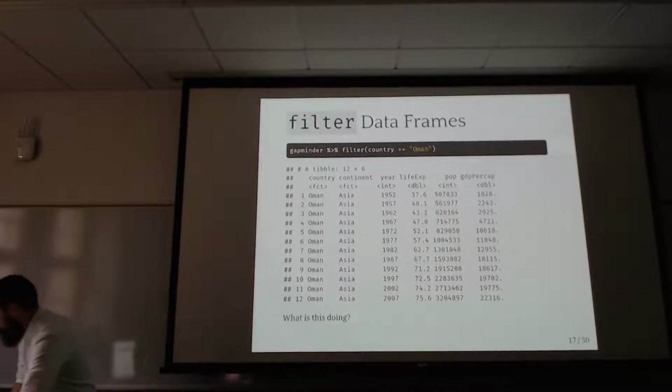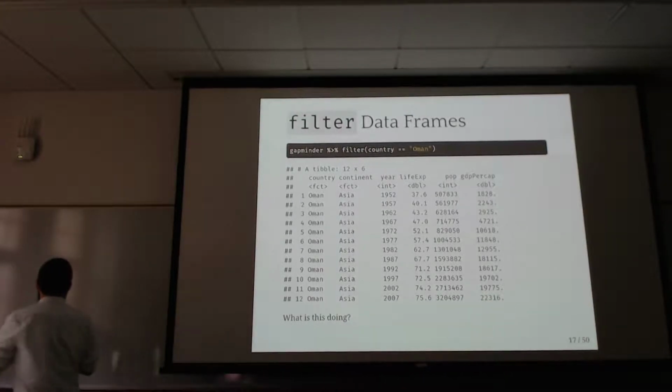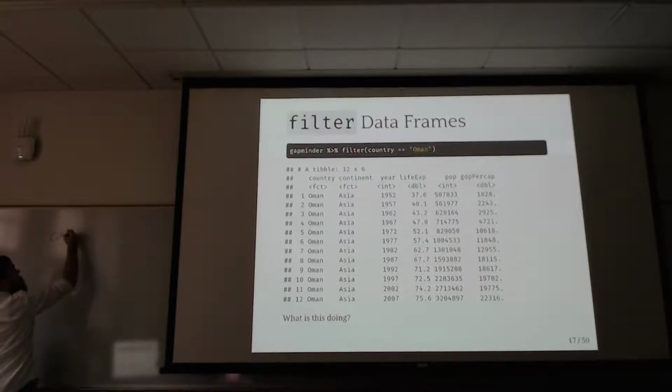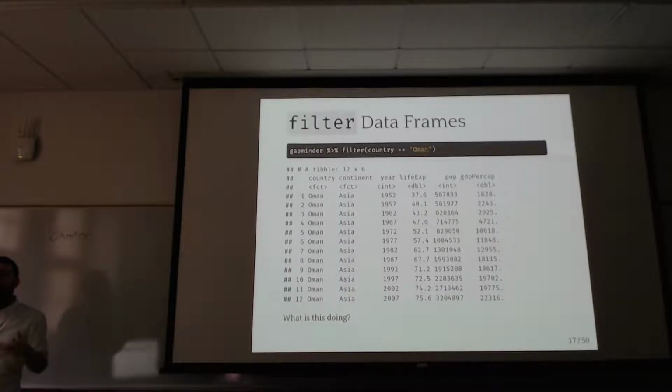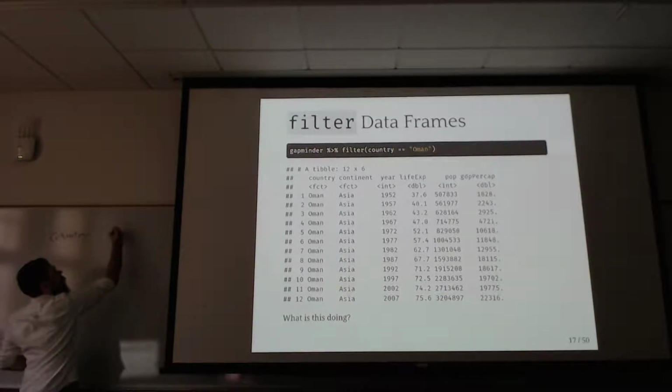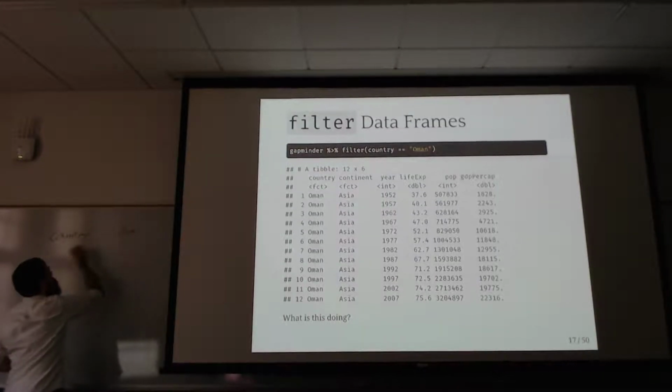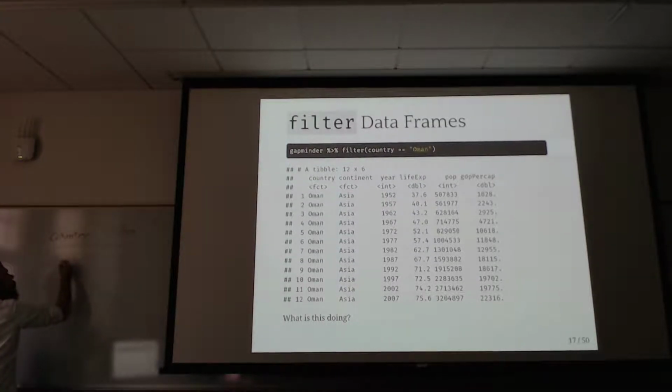So if we imagine what filter is really doing, we have a country column, and then we can imagine that it's creating a new column just for a second to do a check that I'm going to call the filter column. If this is Oman, this is USA, this is Barbados, and then this is Oman.